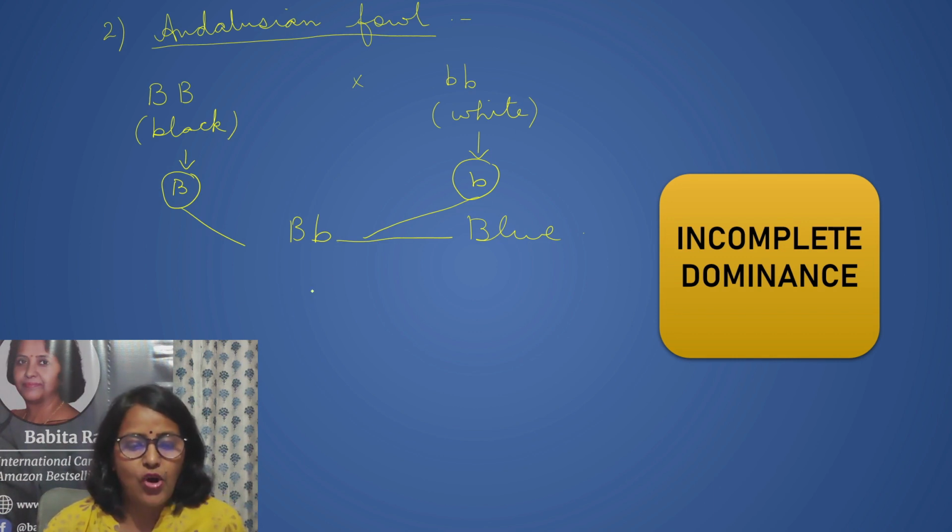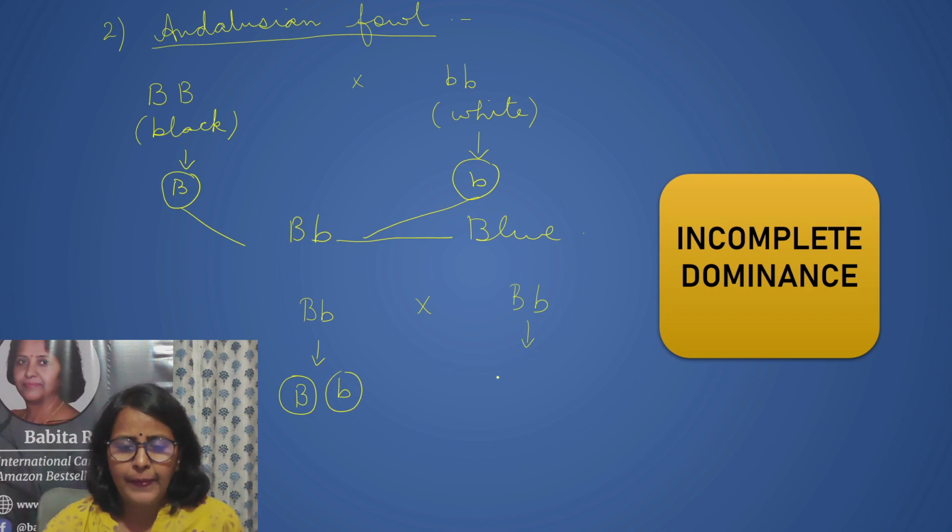When capital B, small b is crossed with capital B, small b, that is selfing is done, we have two different types of gametes because this is a heterozygous gene. What will happen?